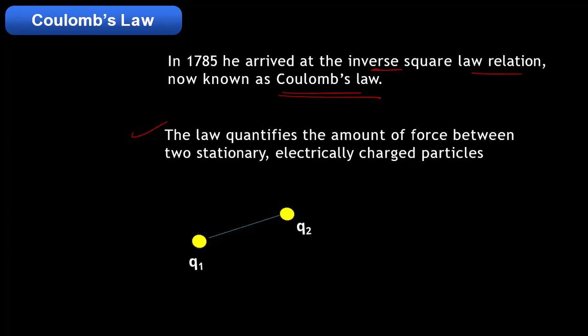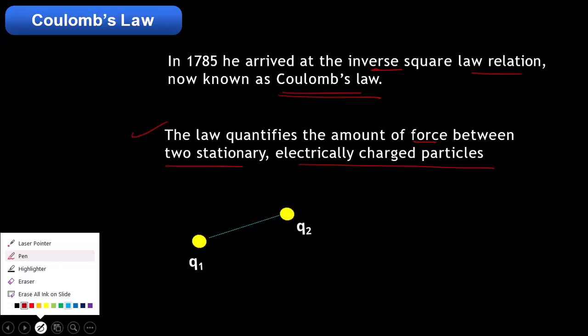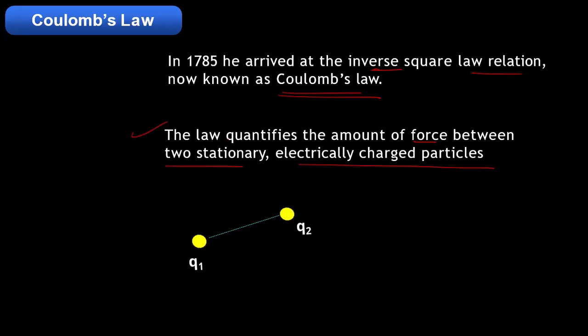Okay. The law quantifies the amount of force between two stationary and electrically charged particles. Stationary means these two particles are at rest. So Q1 and Q2, these particles are at rest. And since these are particles, they have some kind of mass.